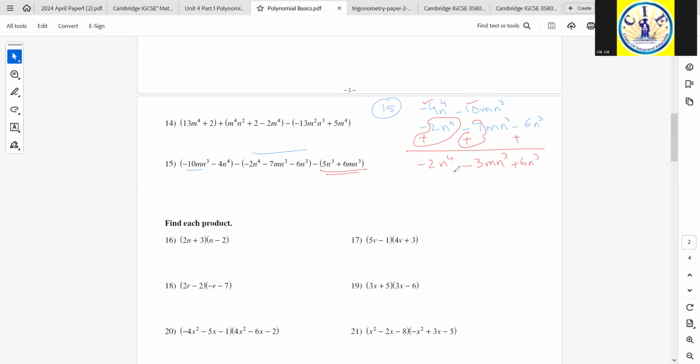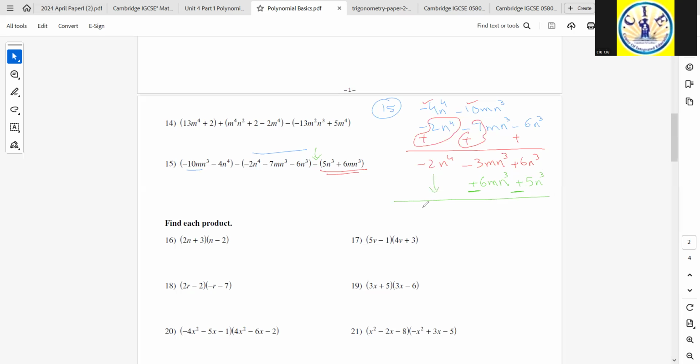So this will be 6mn cubed and then plus 5n cubed. Now I need to change the signs. This would become negative now, and this also becomes negative because of this subtraction.